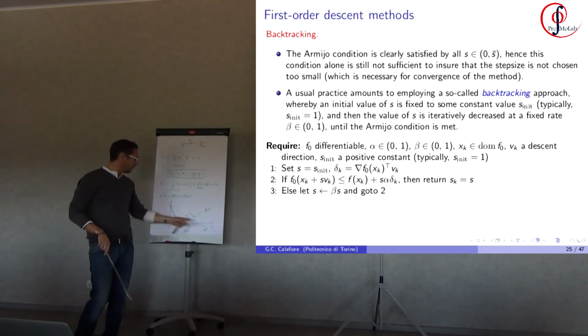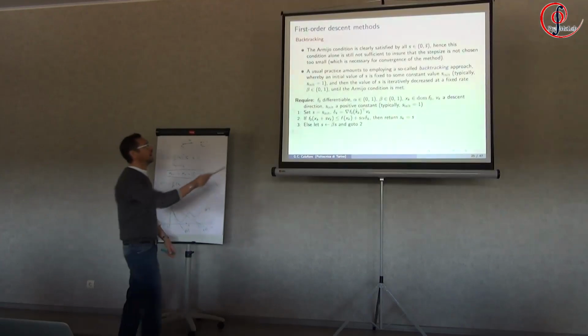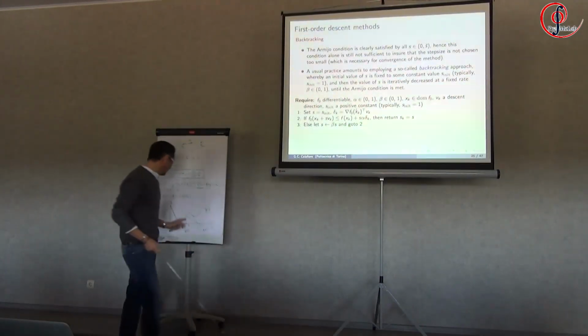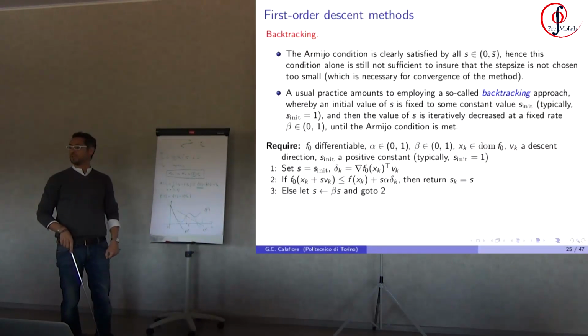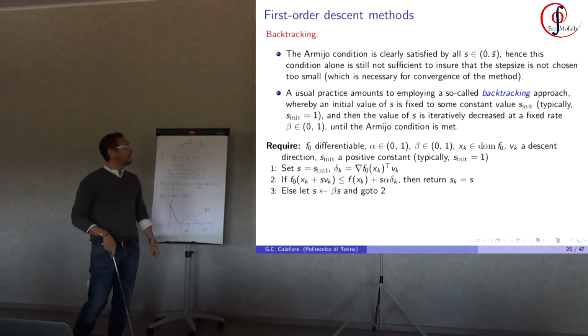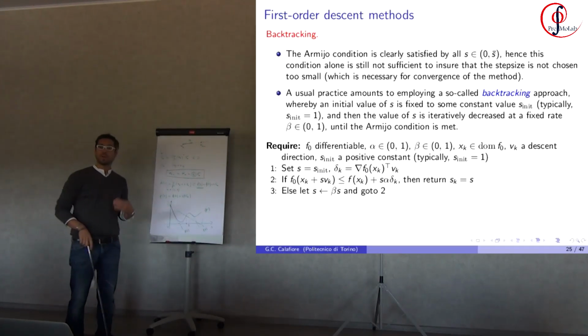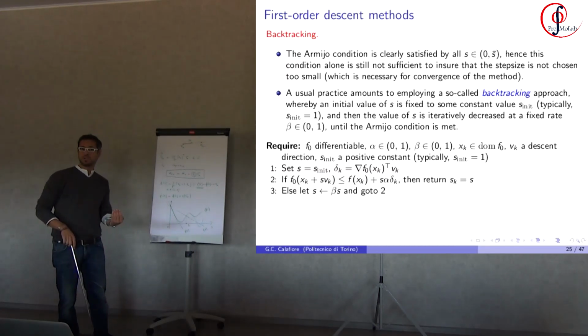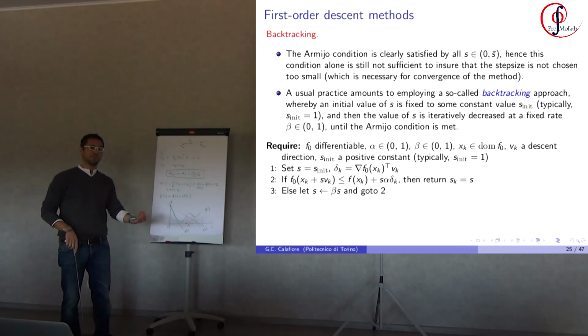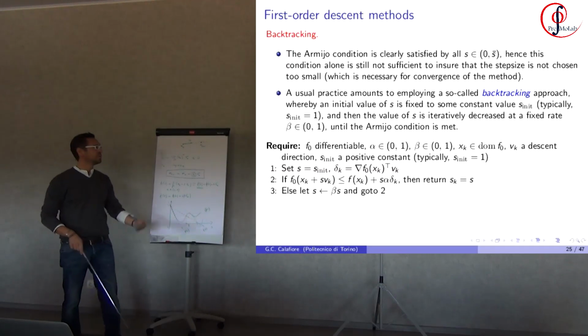Maybe this initial step size does not satisfy the Armijo condition. If it does not, we progressively reduce it and check the Armijo condition: reduce and check, reduce and check.